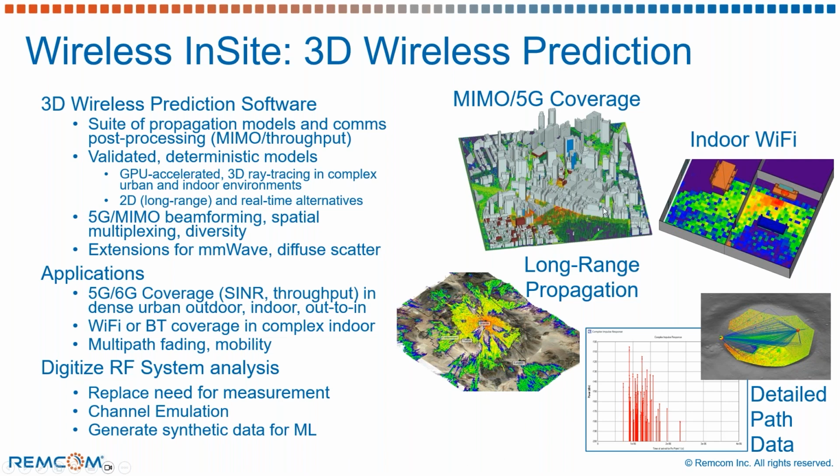Wireless InSite is sort of agnostic to the scenario, useful for all these different kinds of scenarios. You define the geometry and the material properties, the frequencies you're interested in, the antenna patterns you're interested in, and Wireless InSite will do its job.